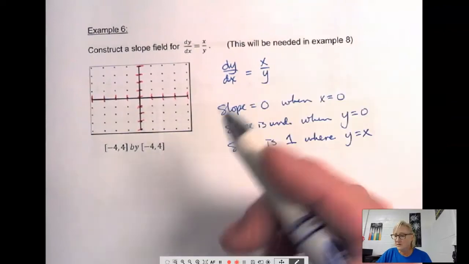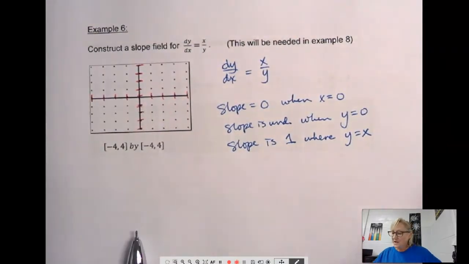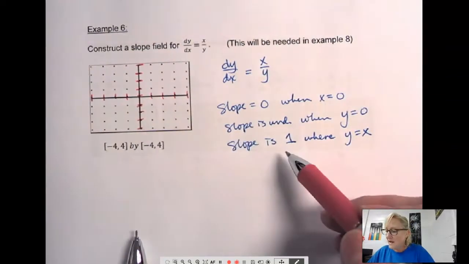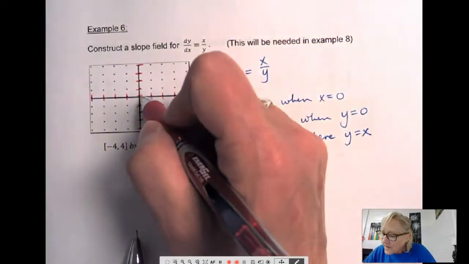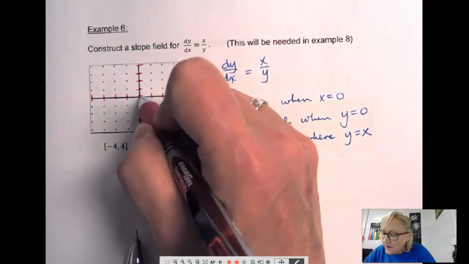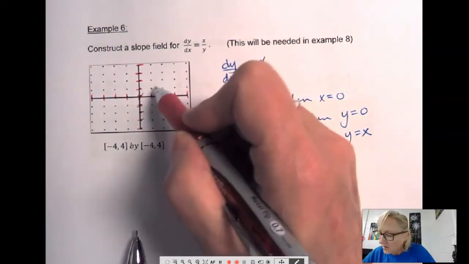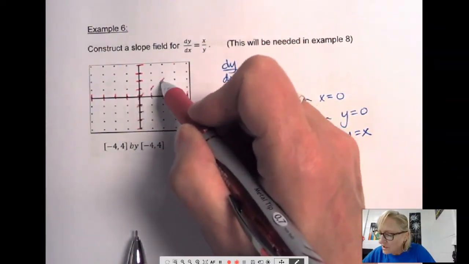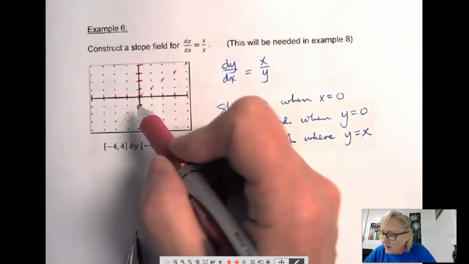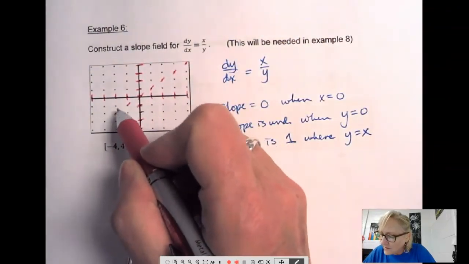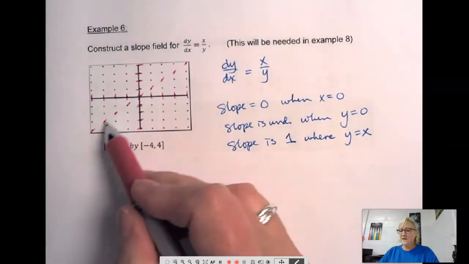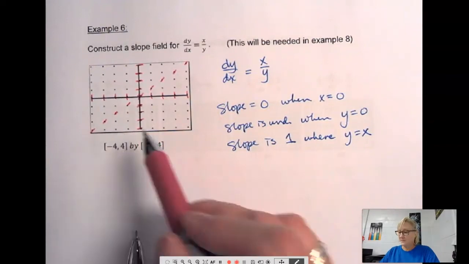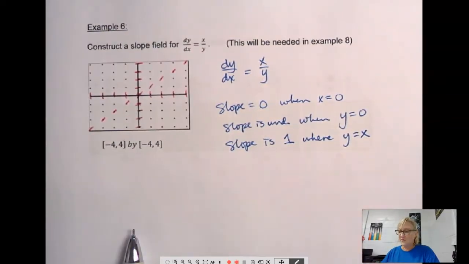Slope of 1, y-intercept of 0. So any point along that line, I'm going to try to sketch a slope of 1, so a rise over run of 1. That's a 45-degree angle, right? Again, we know all this stuff can't happen here. That's okay. Hopefully our shape will come to light as we sketch some more. So I included the negatives: -1, -2, -2, etc. would all have a slope of 1.